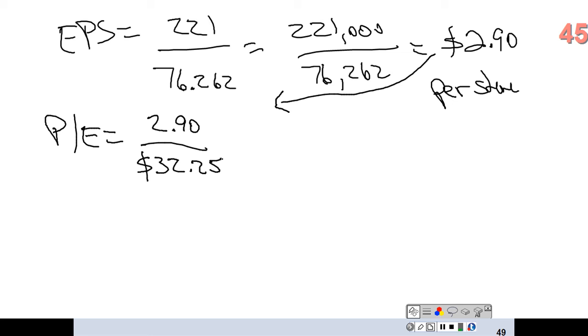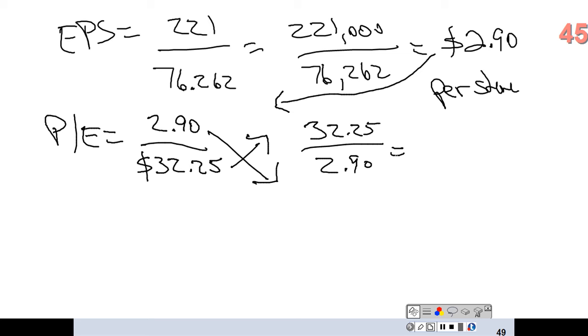So this is what the stock is selling for on the stock market right now, $32.25 per share, divided by the earnings per share we just calculated, $2.90.